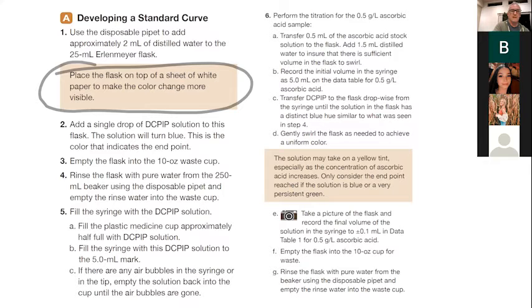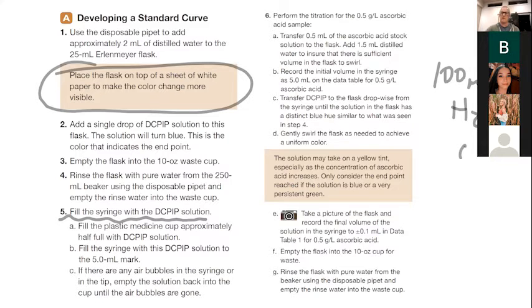So then we fill our syringe with our solution. Now remember, that is the known concentration of DCPIP. We will have added 100 mils of water to the bottle of DCPIP, and so there's a known amount in there.